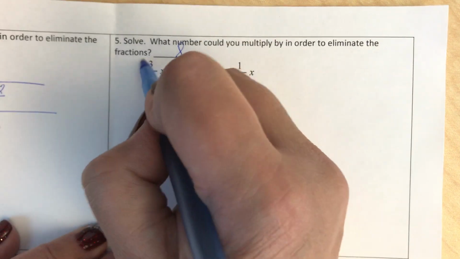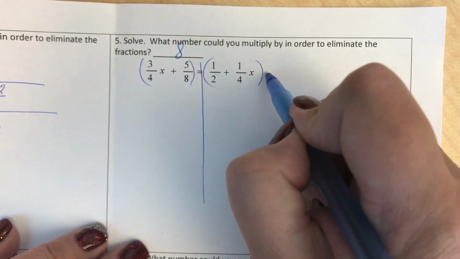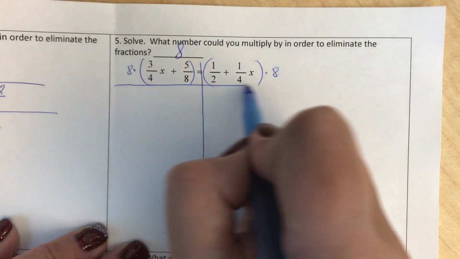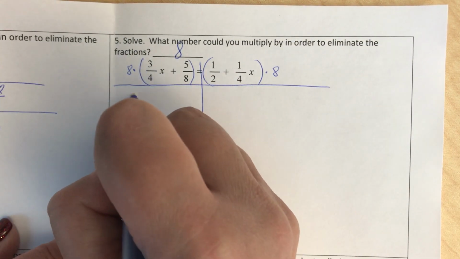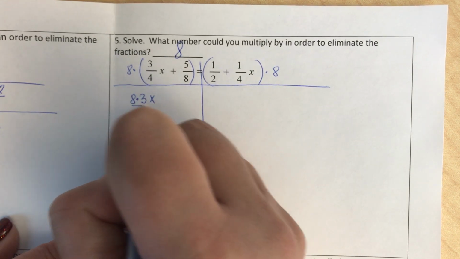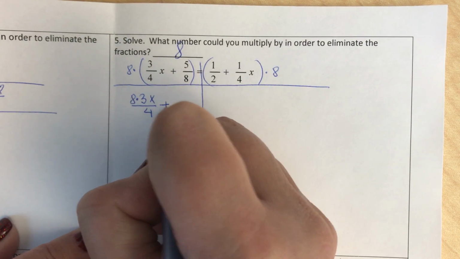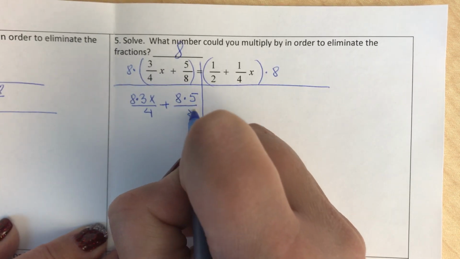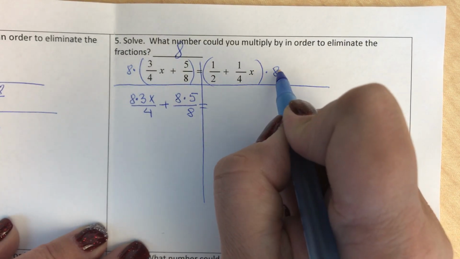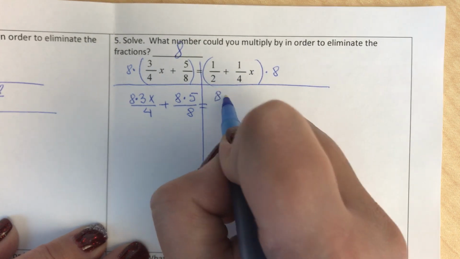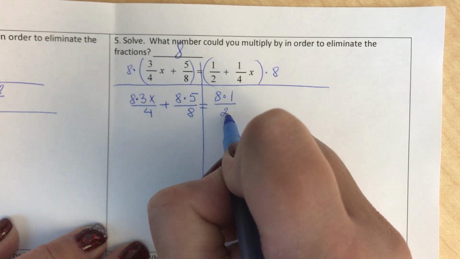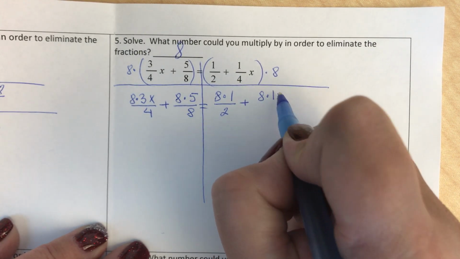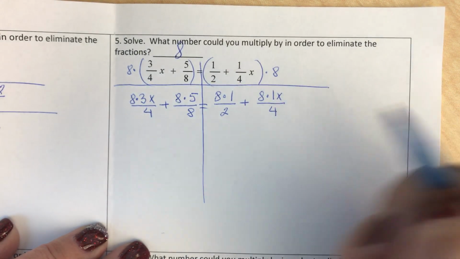So I'm going to multiply both sides of this equation by 8. 8 times 3x divided by 4, plus 8 times 5 divided by 8 equals 8 times 1 divided by 2, plus 8 times 1x divided by 4.